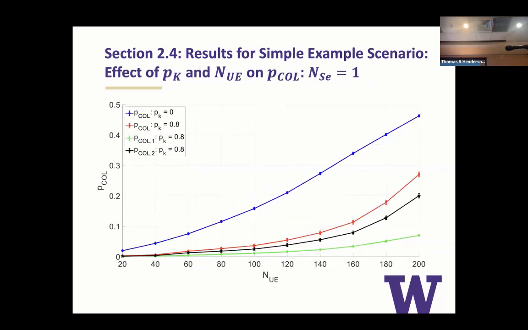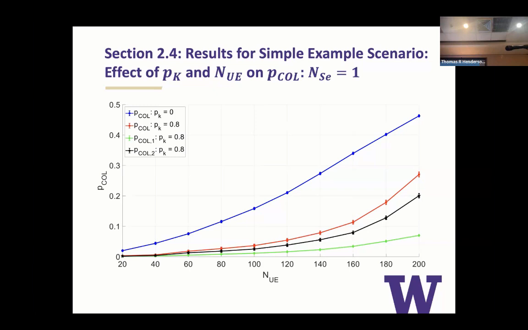With that, we check each collision event on the different PK cases at different NUE. When NUE increases, the overall collision probability increases. We notice that at PK equals 0, there is only one line because UE only performs reselection in the selection window.